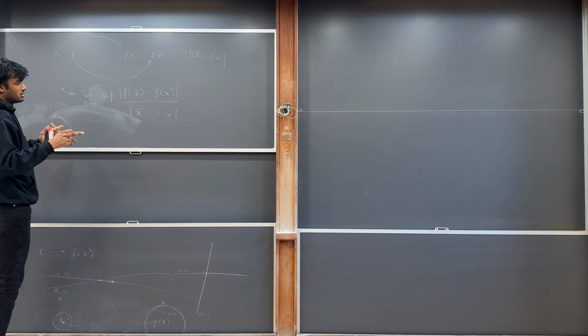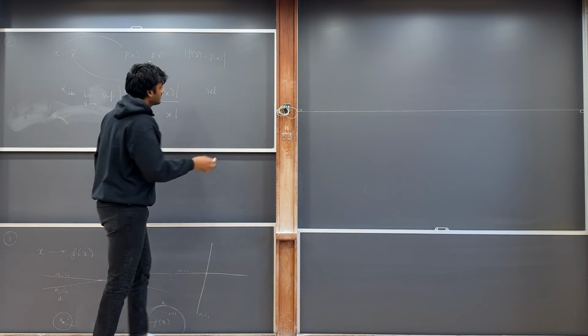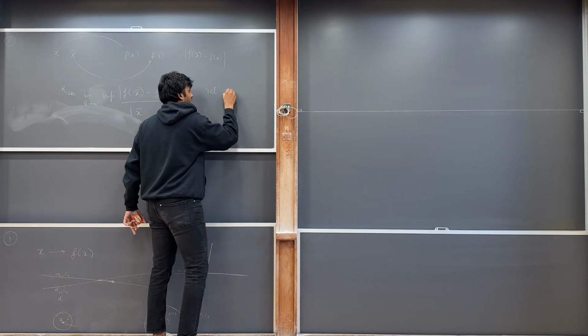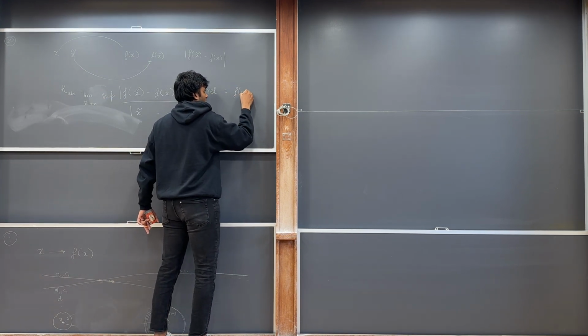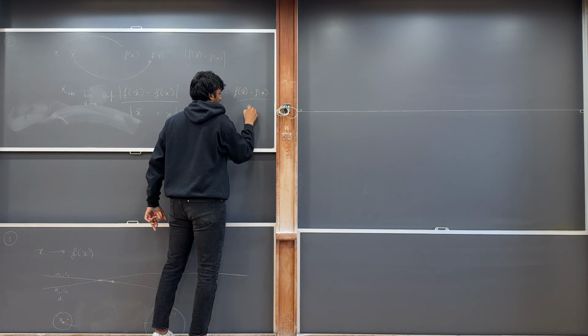Now, what is relative error? Relative error for my function is like percentages, let's say. So relative error will become f of x tilde minus f of x divided by f of x.